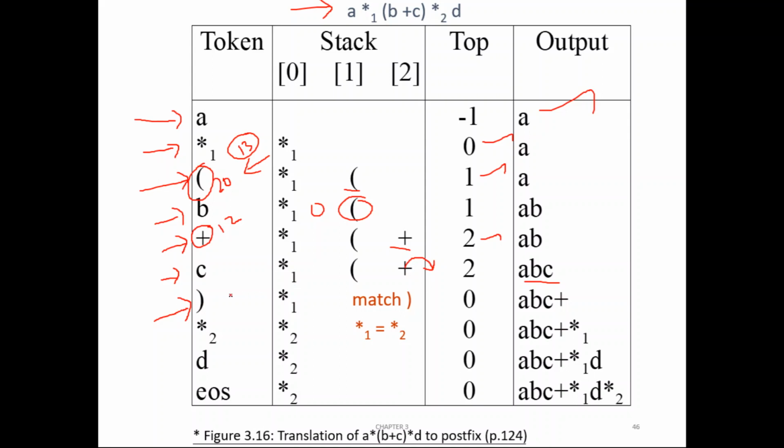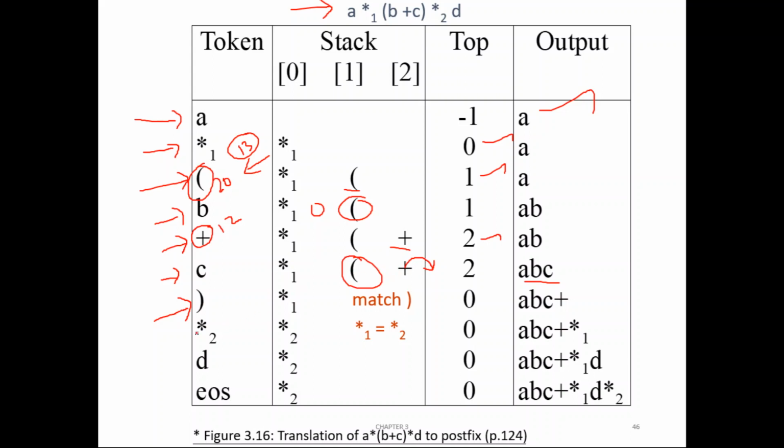So when it is a close bracket, you have to keep popping until you reach the open bracket. So pop plus out, plus will be displayed. Next, when you pop, the open bracket comes. But you need not display that. You discard that. So you have to pop until the open bracket comes, but here the open bracket comes just after popping one element. So we will stop.